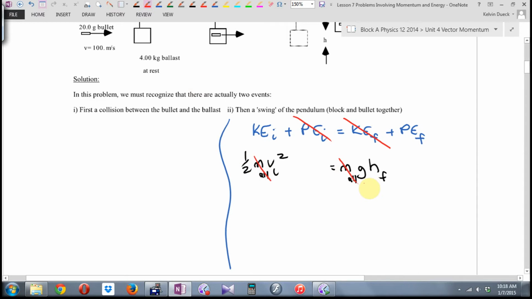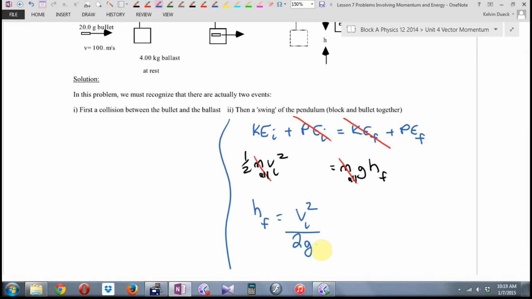And they said, find the final height. Okay, Logan, I guess the final height is going to be v initial squared divided by, move the g over by dividing. You okay with that, kiddo? Cool. Do I know g, 9.8? Do I know the initial speed after the collision? Not yet. After the what? Hey, that's a job for conservation of momentum.